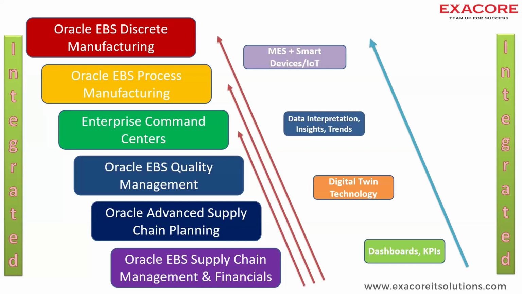For each of these modules within EBS, enterprise command centers that provide key dashboard views, insights, and KPIs, which are important to the various roles embedded within each module, are also available for use out of the box.